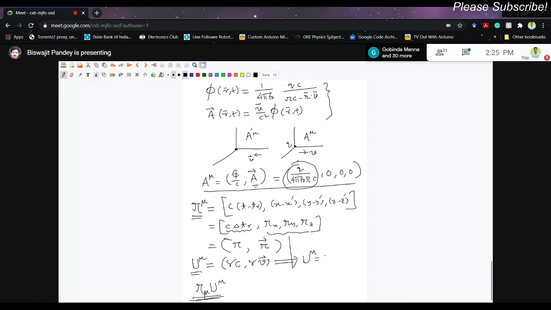Moving charged particle: gamma c, comma 0. Yes, gamma c comma 0, correct. Gamma you can take outside. But what is gamma in the particle's frame? 1, right? So gamma will be 1. So no need to write gamma. Just c comma 0. Gamma is 1. So this is u mu, right?